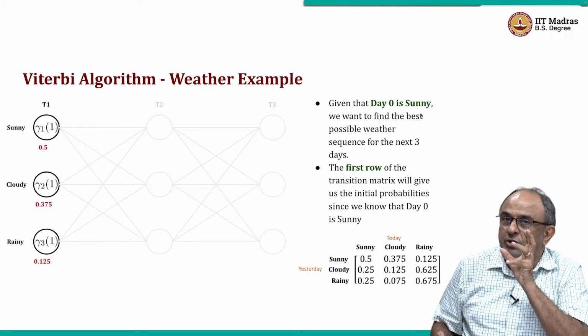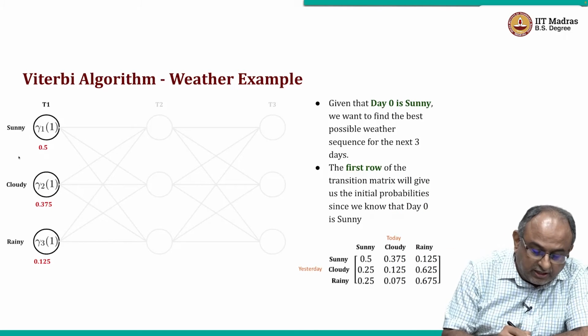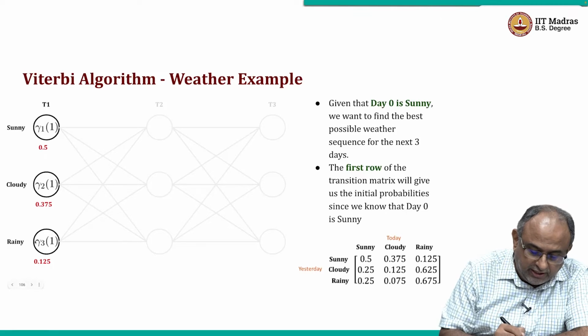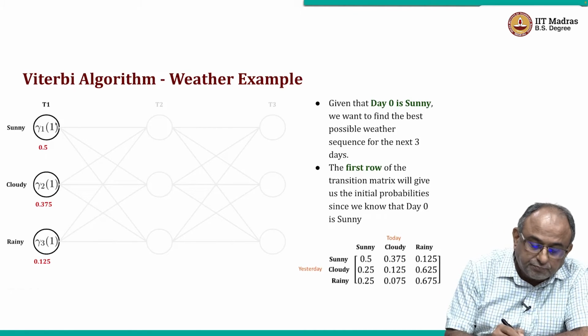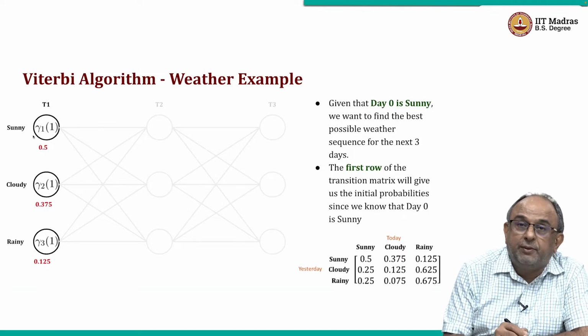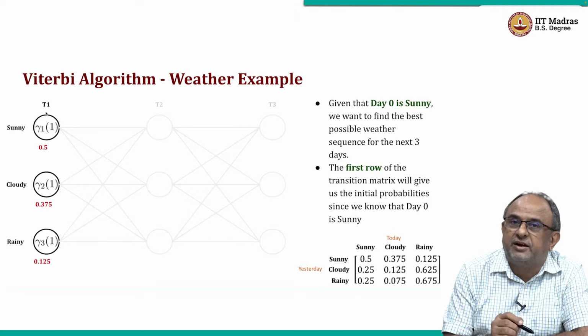Because it is going to go from the initial state sunny, it can go to sunny again or cloudy or rainy. That is fixed: 0.5, 0.375. To be back in sunny tomorrow, what is the best that I can get?